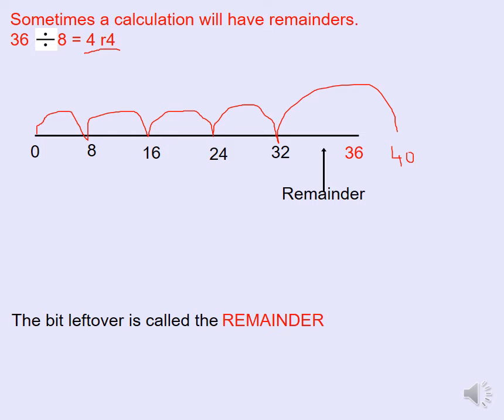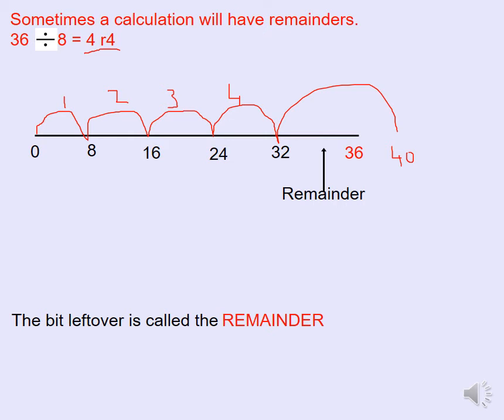It's what's left over. So 36 is smaller than 40, it's not in the 8 times table, so we need to work out what the difference is between 32 and 36. The difference is 4, which is why we've done 1, 2, 3, 4 full jumps. We haven't completed our 5th jump because we're not going to 40.